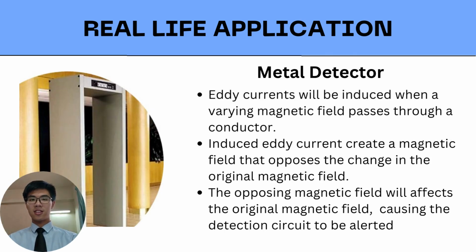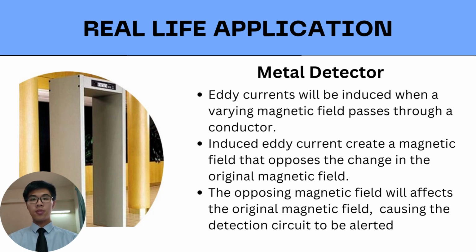Next, metal detectors also apply Lenz's law. Metal detectors consist of a coil of wire connected to an oscillating current source. This coil produces an oscillating magnetic field around it. Eddy currents will be induced when a varying magnetic field passes through a conductor.